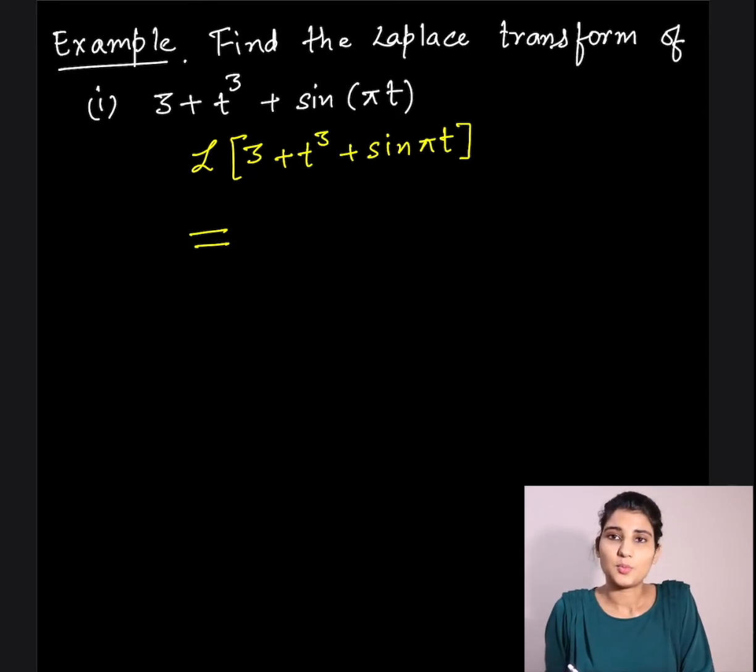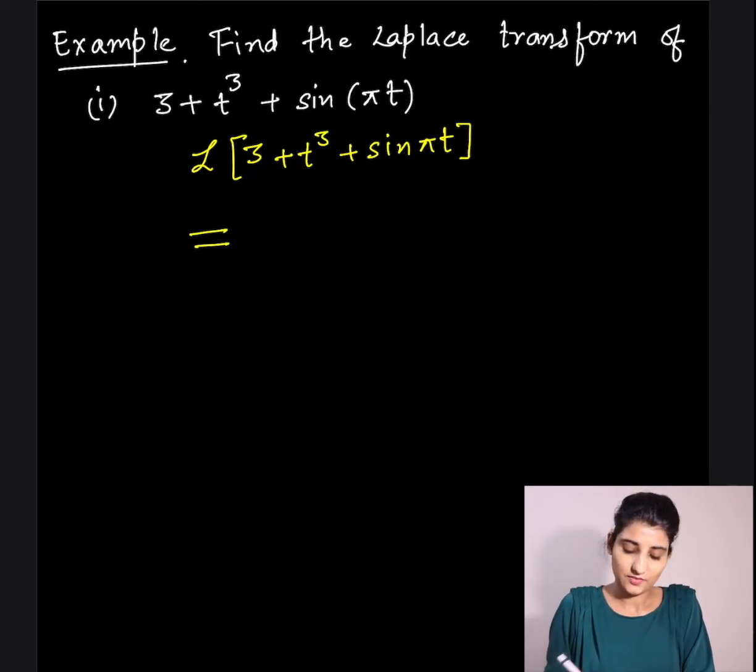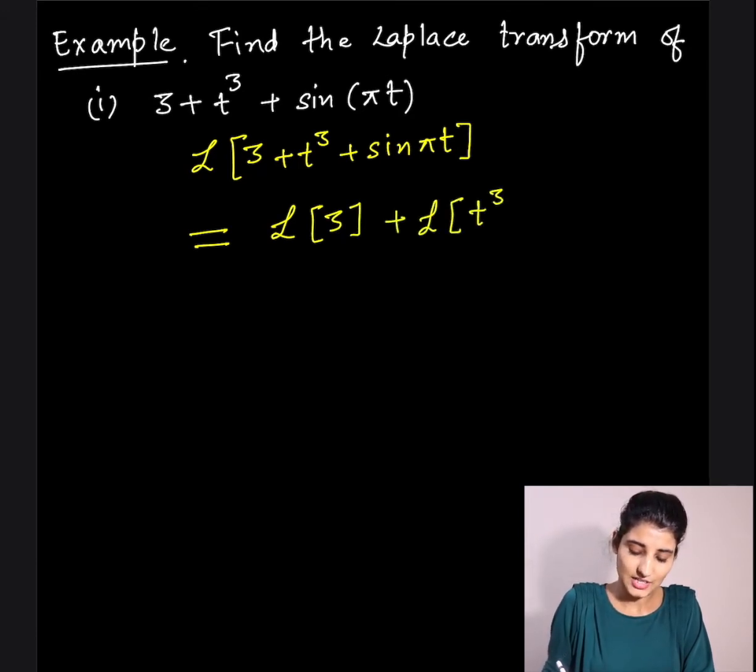By the first property, by the linearity property, we know that Laplace is linear. So this is same as Laplace of 3 plus Laplace of t cube plus Laplace of sine pi t.